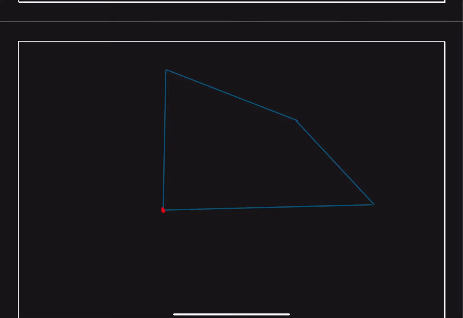So this is our A, this is our B, and then we have a C, and then we have D, and the respective angles are given. So this is our 90 degrees. Here we have angle of 60. Here we have angle of 135, and this is our 75.